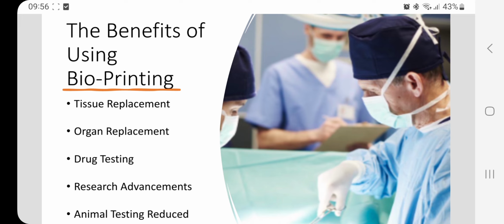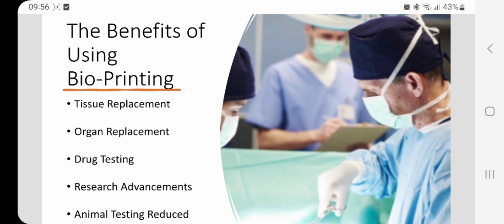Here are some benefits of bioprinting: tissue replacement, organ replacement, drug testing, research advancement, and reduced animal testing. Tissue replacement. Bioprinting offers the potential to create functional tissues for medical procedures.